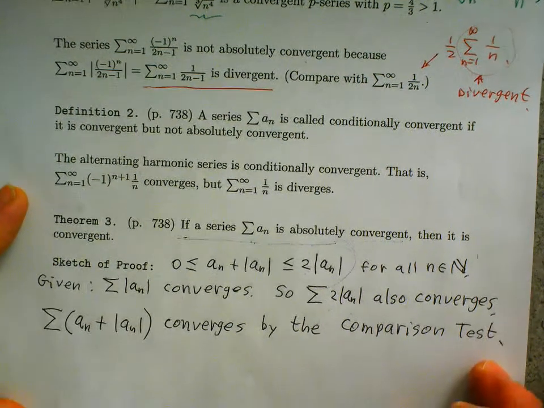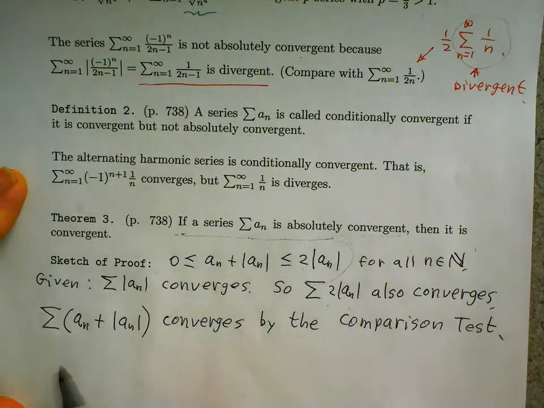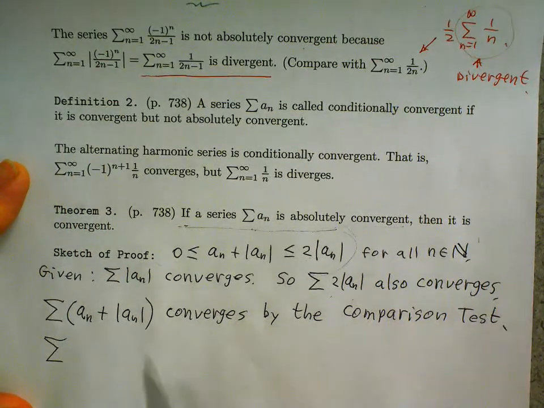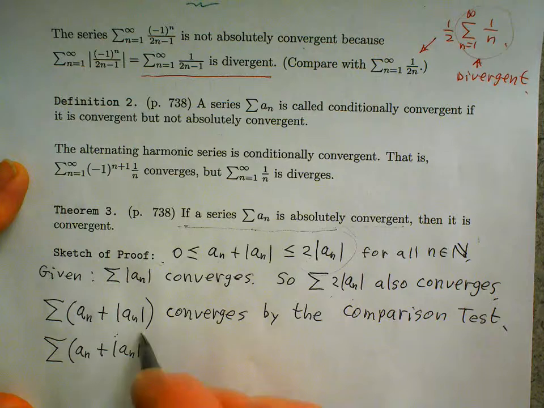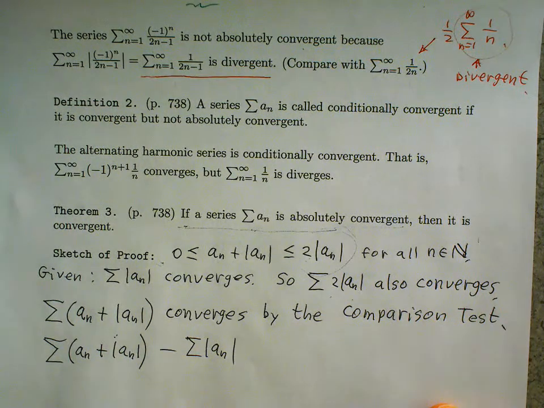And by a theorem in section 11.2, if we have two series that converge, then the difference of the two series, that is, if you subtract one of the series from the other, will also converge.